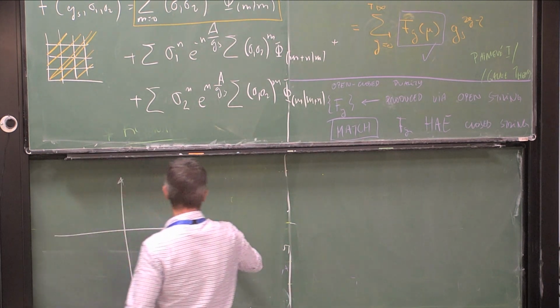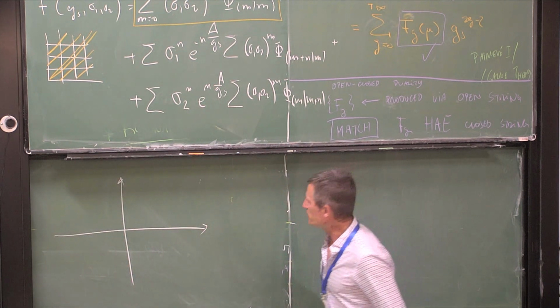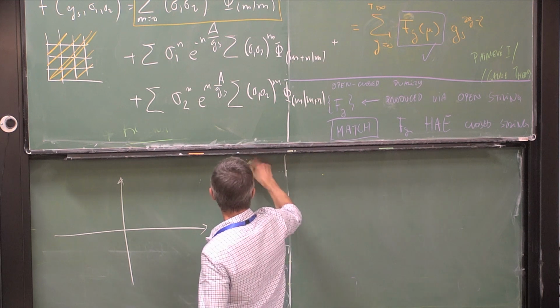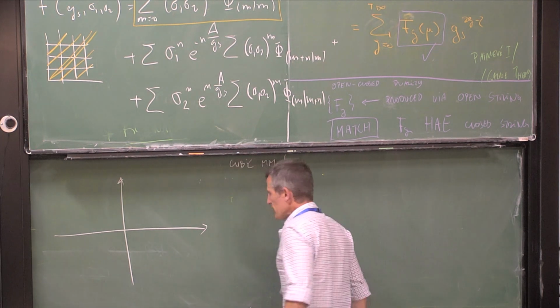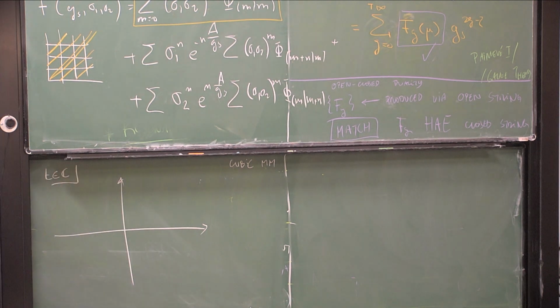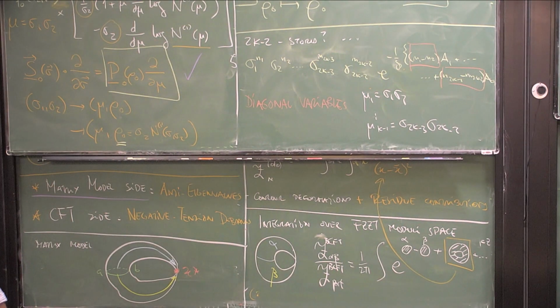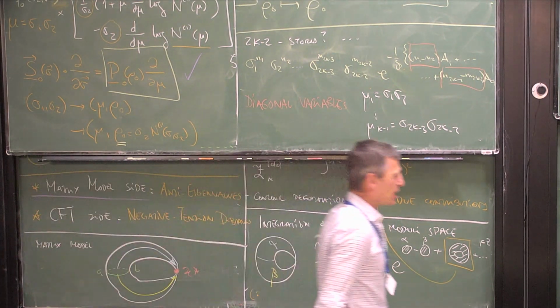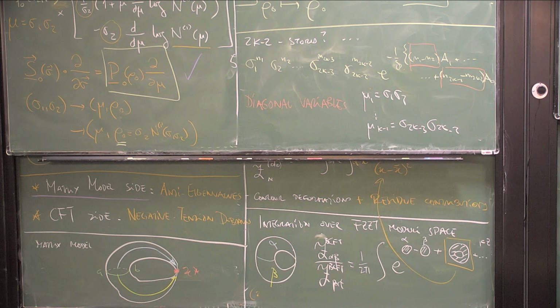So let me consider, for example, the cubic matrix model. And let me draw the phase diagram of the cubic matrix model in the large N limit at complex coupling. And it looks like this.